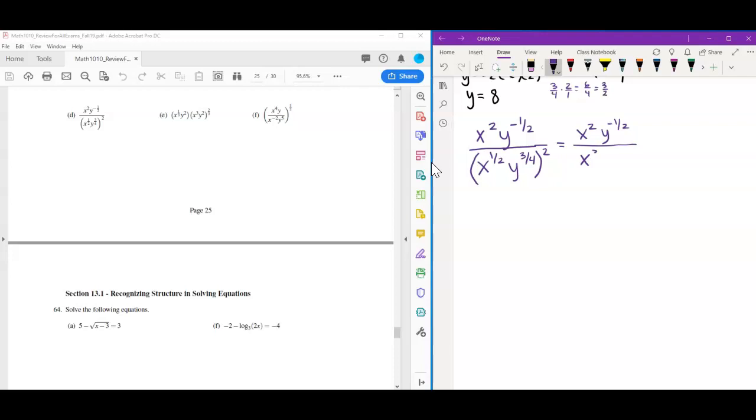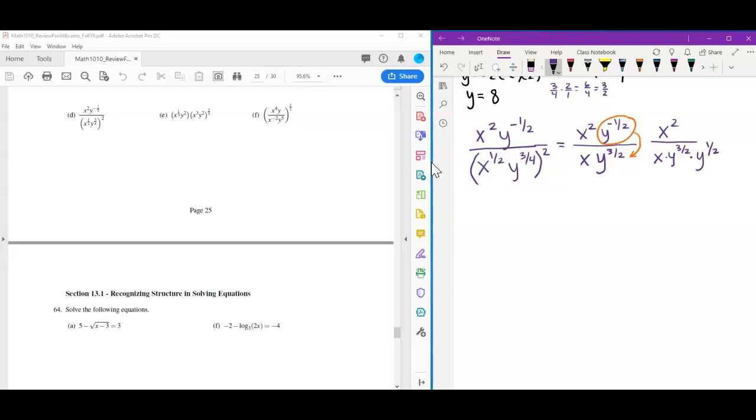So I get, whoops, feeling all flustered now with all these problems with the technology. Okay, so we get y to the 3/2 power. Up here we've got a negative exponent, so it wants to go downstairs. We'll have x squared over x, y to the 3/2, and then times y to the 1/2.